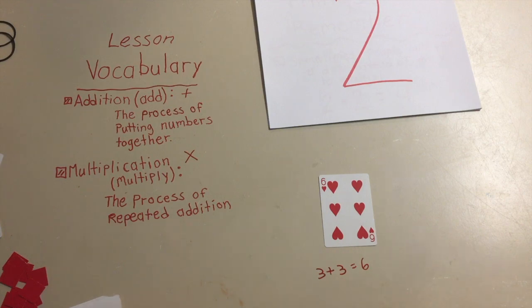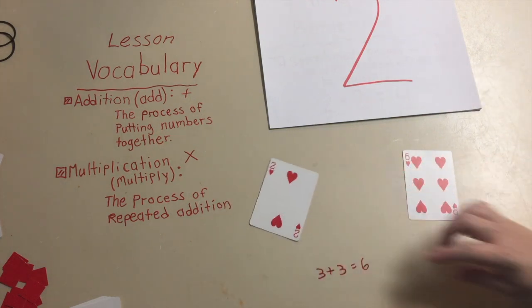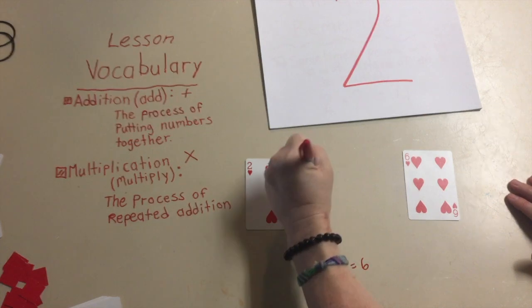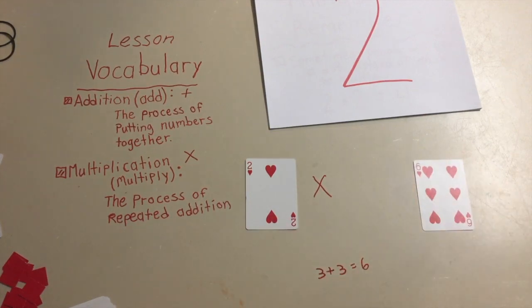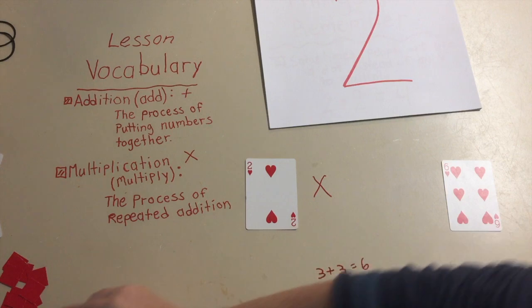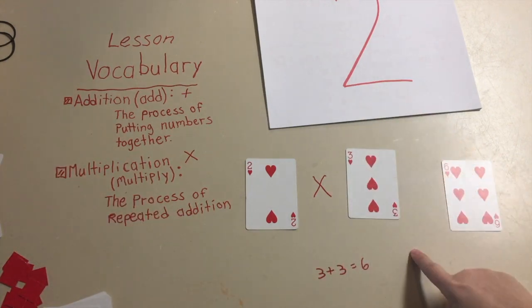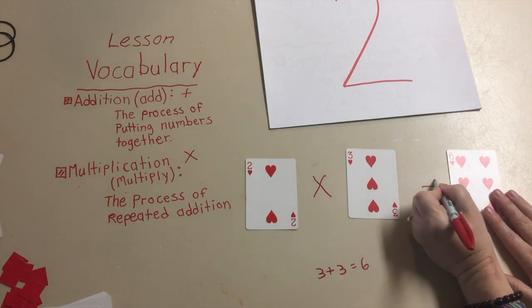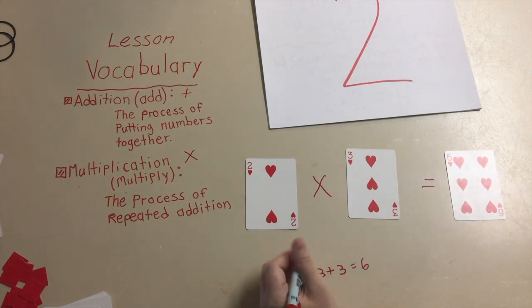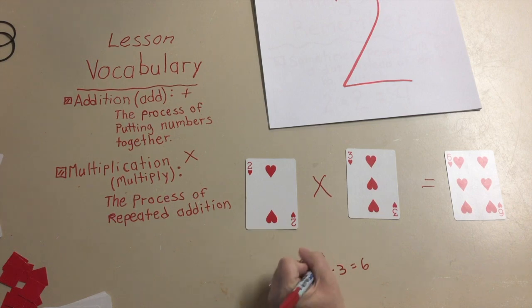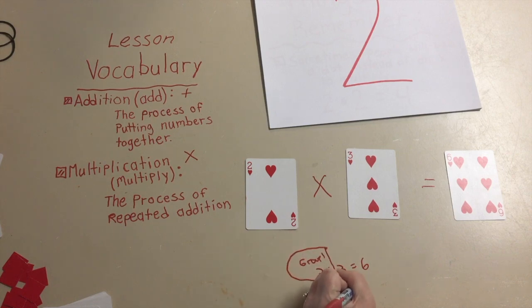So I can say 2 times 3 equals 6 because I have group 1 and group 2.